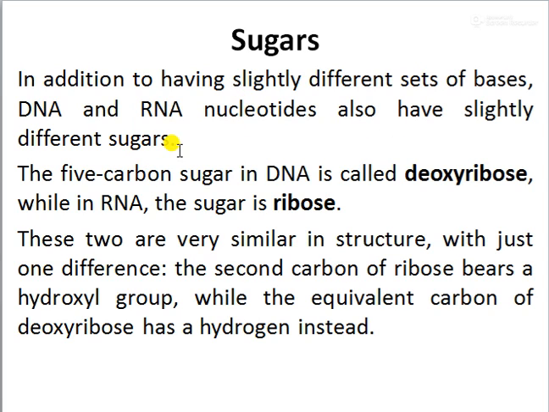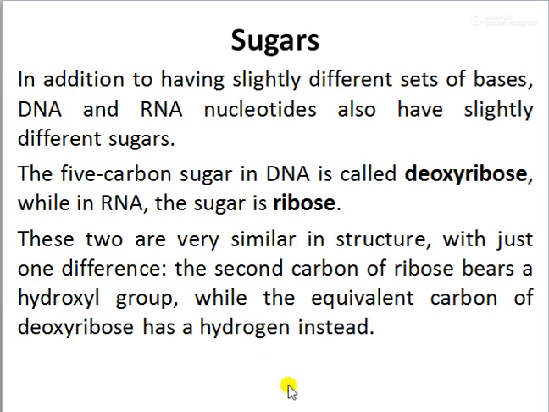Sugar is the second ingredient in the nucleotide. A slight difference is also present in sugars. The 5 carbon sugar in DNA is called deoxyribose, while in RNA the sugar is known as ribose. These two are very similar in structure with just one difference.